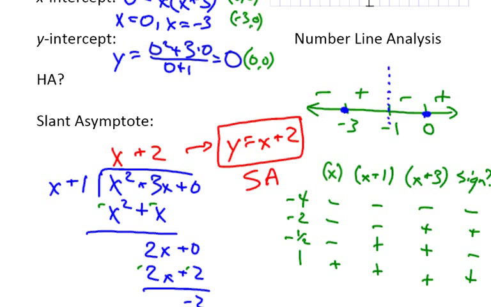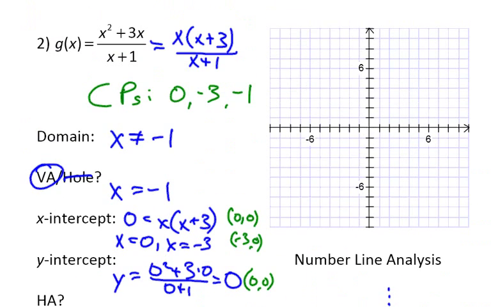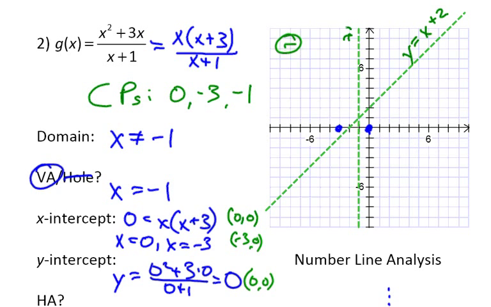We finish our number line chart and then go up to graph. First the asymptotes, then we fill in our intercepts, and then finally we look at the signs and fill in the curve. Our pattern was negative, positive, negative, and positive.